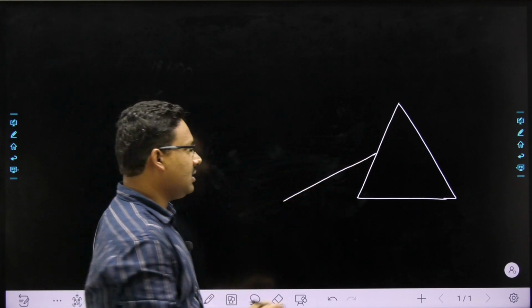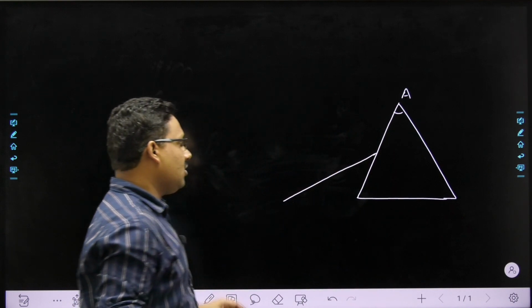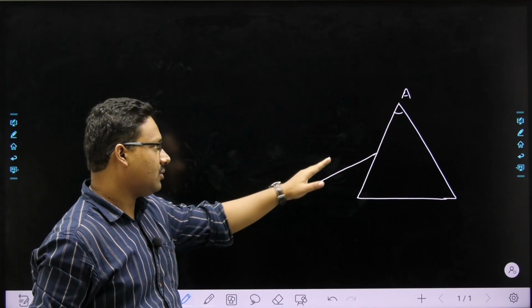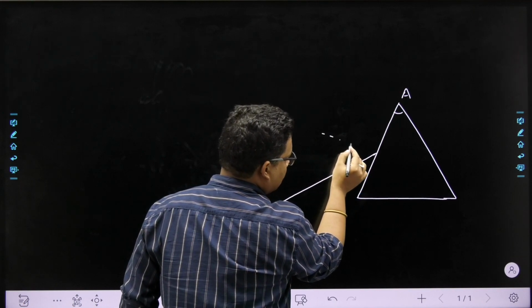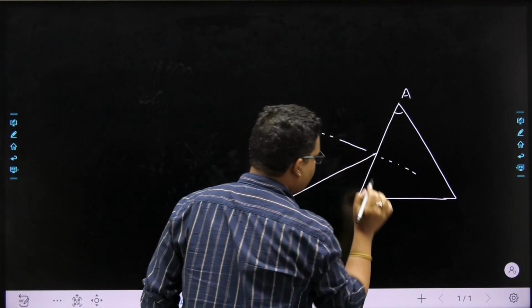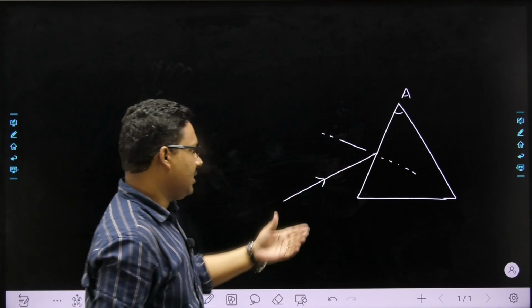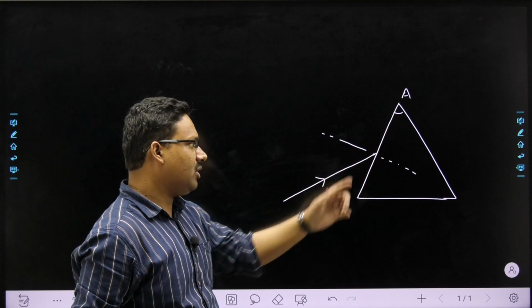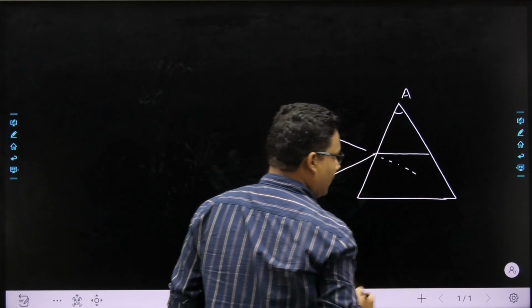We draw a normal to this surface. The ray is going from a rarer to a denser medium, so this ray will bend towards the normal. It will go like this.